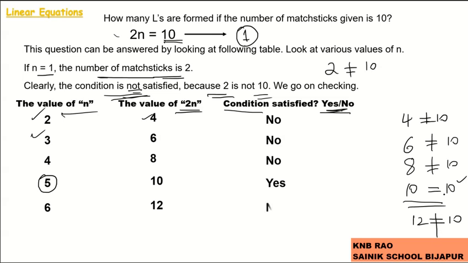That means the condition is not satisfied, and various values of n taken further, other than 5, will give you 2n values not equal to 10. So the condition will not be satisfied. Students, this is very, very important. Now, let us see what an equation is.